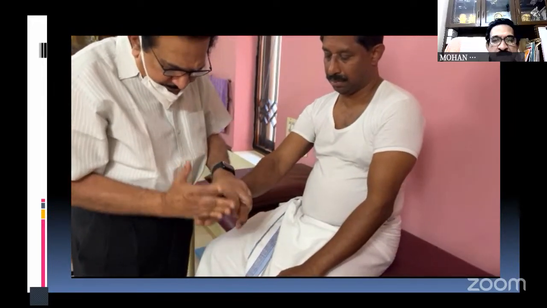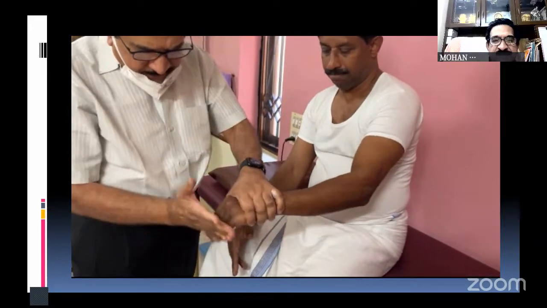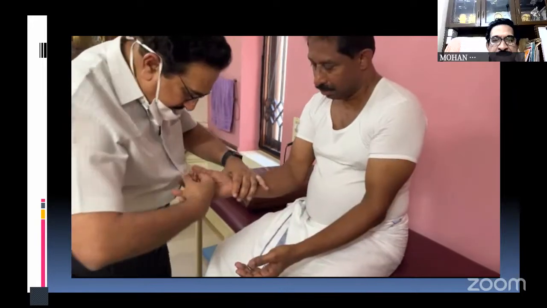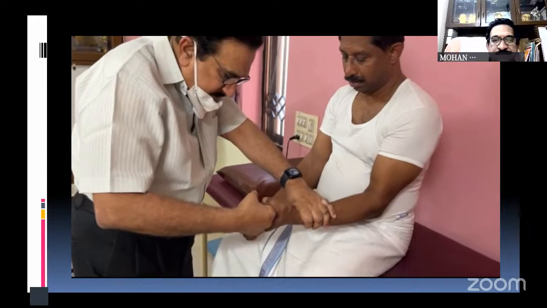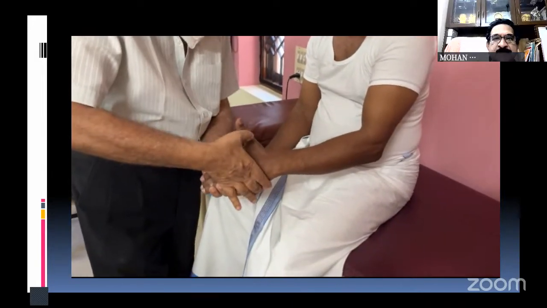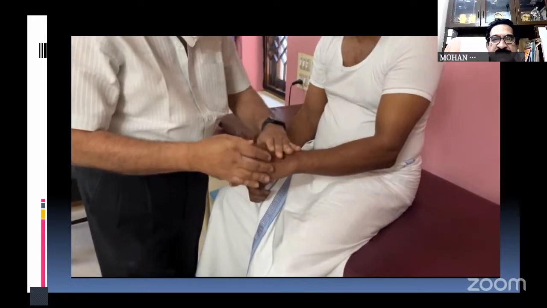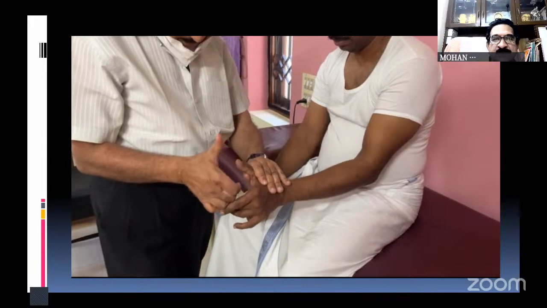Finger extension is normal on the right side, mildly weak on the left side. Long finger flexors are normal on both sides. Then extensor pollicis longus is normal bilaterally. That's also normal.